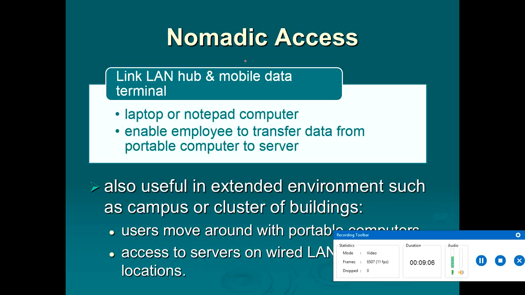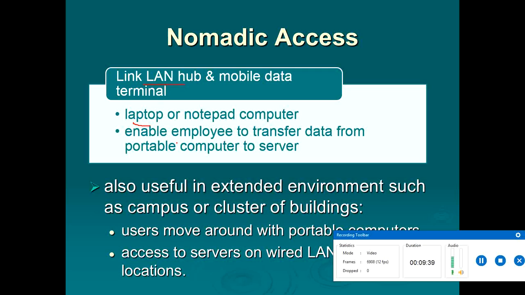The next use of wireless LAN is nomadic access. Nomadic access provides a wireless link between a LAN hub and a mobile data terminal equipped with an antenna. So it provides a connection between the LAN hub and a mobile data terminal which has wireless LAN properties, for example, a laptop or a notepad computer.